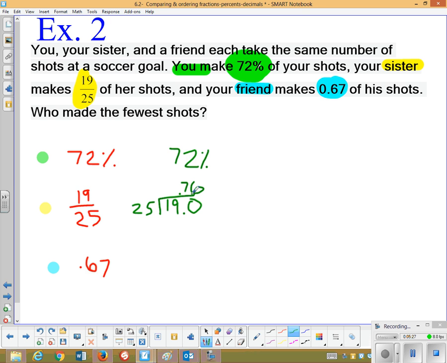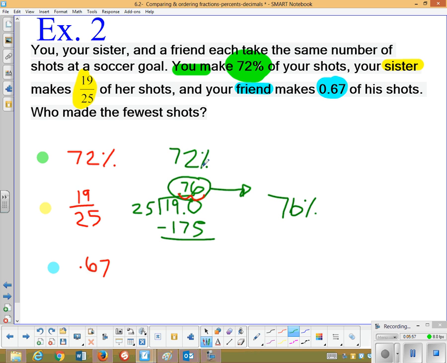I'm not going to complete the rest of them here, but I would like for you to show me the work of how I'm getting 0.76. I'll do one more step, that's 175, but you need to complete it. But I did get 0.76. Now this 0.76 really means how many percent? We'll move the decimal: 1, 2. If I moved it twice, then the percent is going to be 76%.